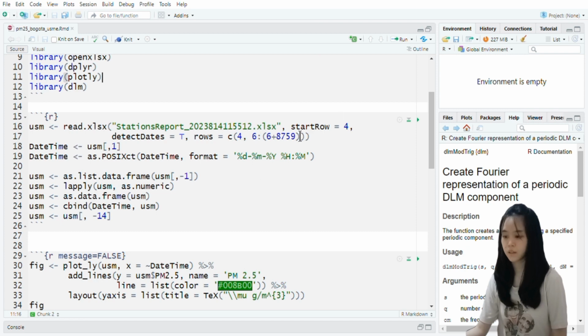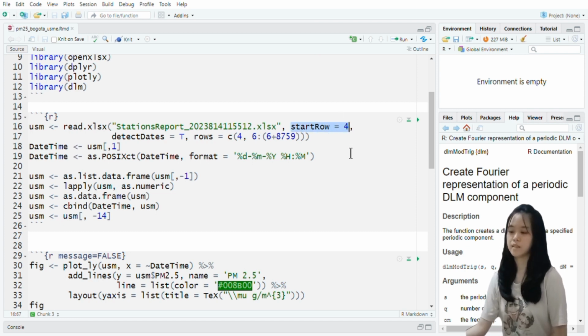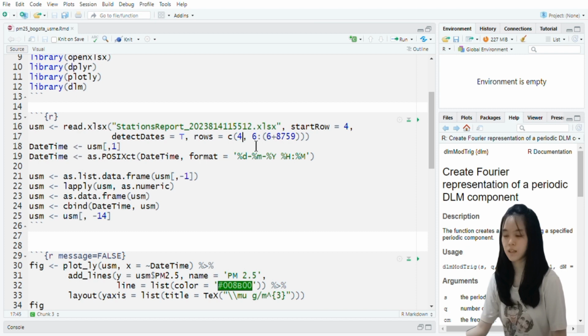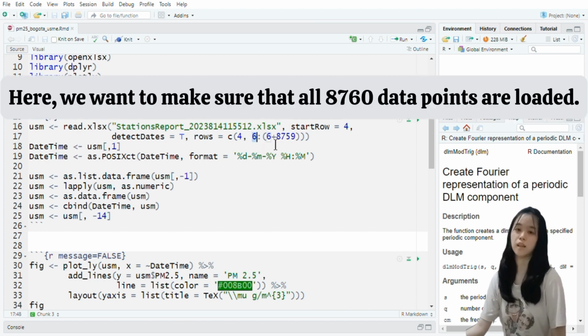As I said earlier, the variable names are stored in line 4. So we need to set the start row to be 4, and then the rows that we want to read are 4 and then 6 until that.